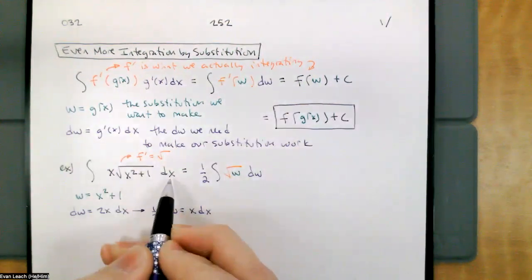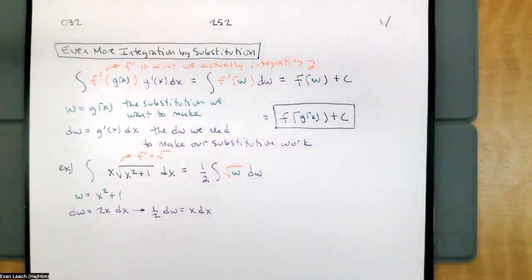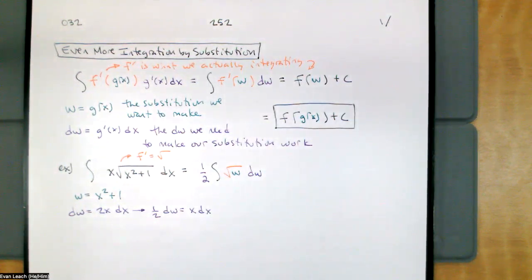So here the x dx is equal to 1/2 dw. As we predicted, the thing that we're actually integrating is the square root function. So it's going to be 2/3 w to the 3/2.